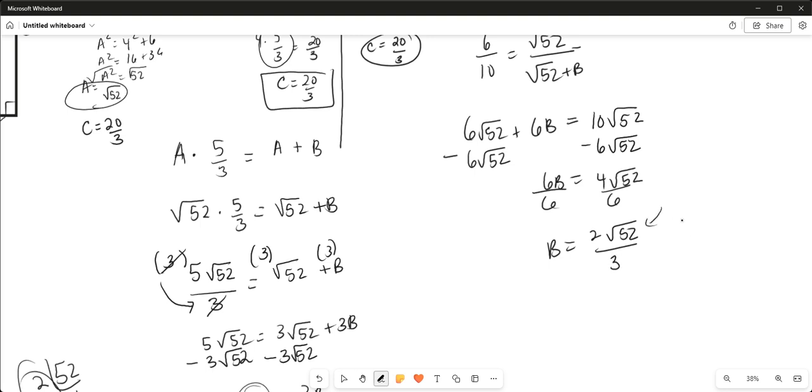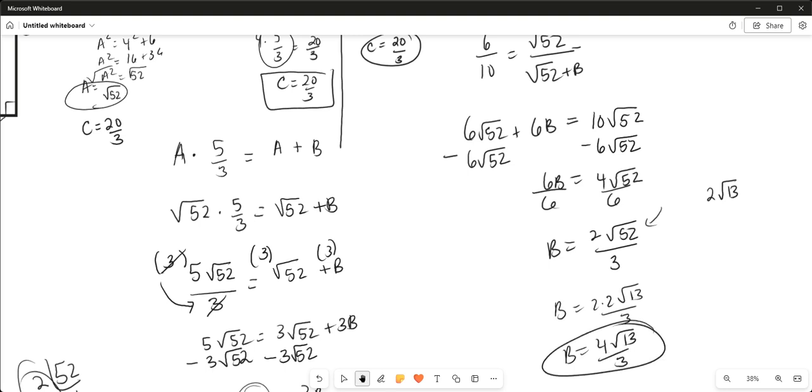And then I'm going to reduce my radical, same as I did over on the other side. That's going to be 2 square roots of 13. So that 2 is going to go on the outside. So b equals 4 square roots of 13 over 3. So you can also use proportion to solve this.